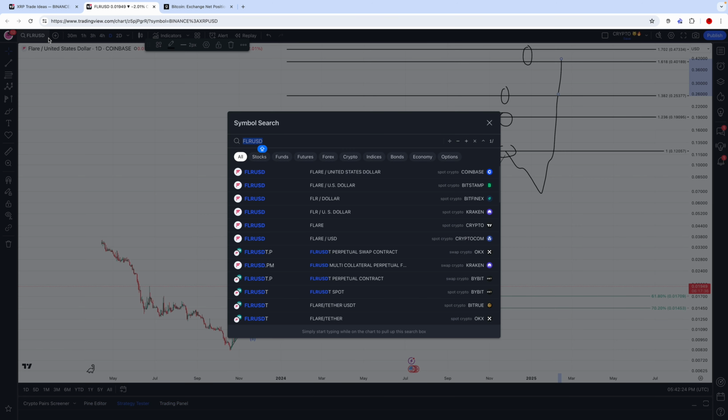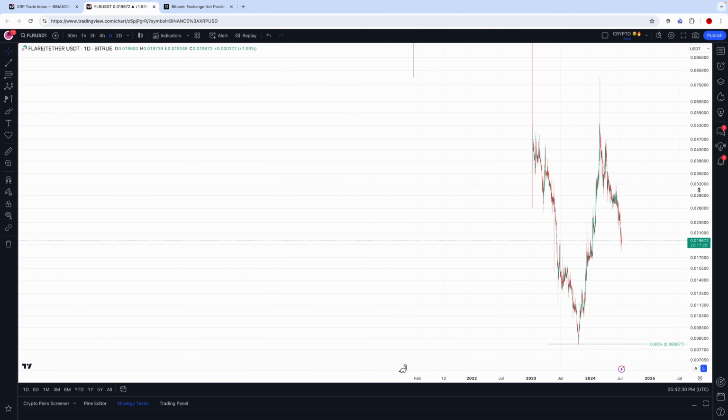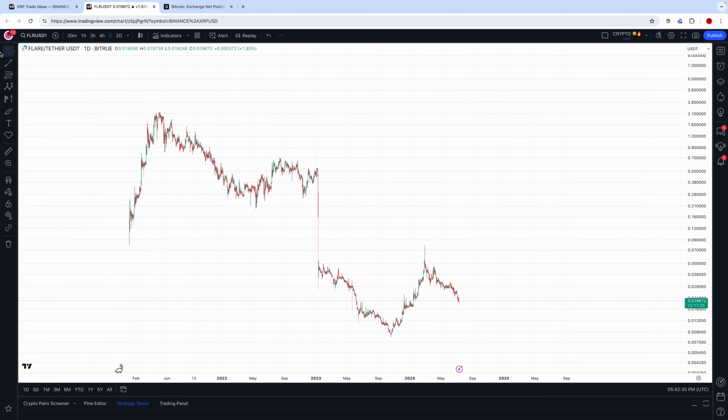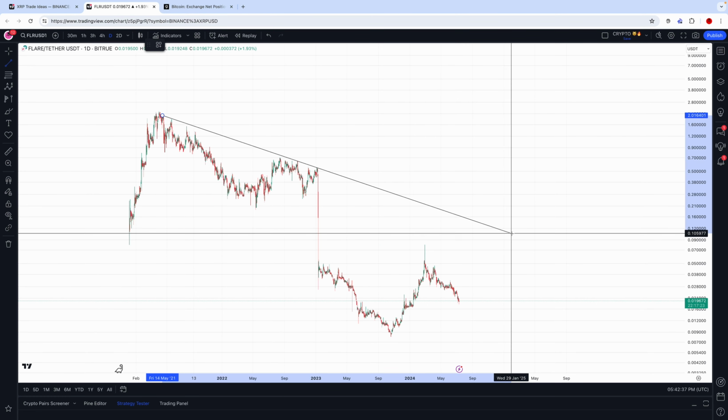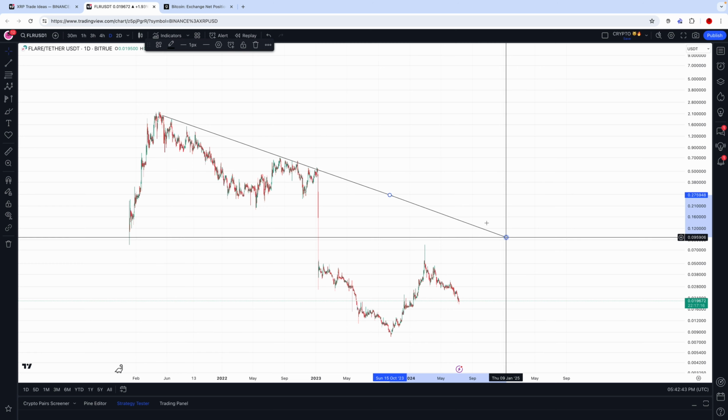Let's go back and take a look at Flare here on the BitTrue chart just so we can see the macro perspective. And what we see over here is trendline liquidity. So whenever you have a trend line in the markets, you're likely going to have liquidity resting above it.